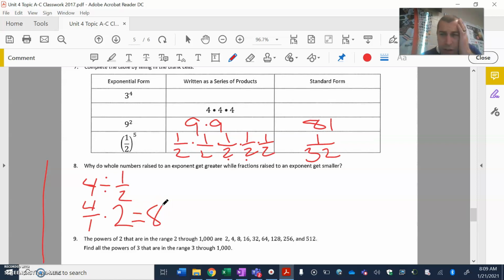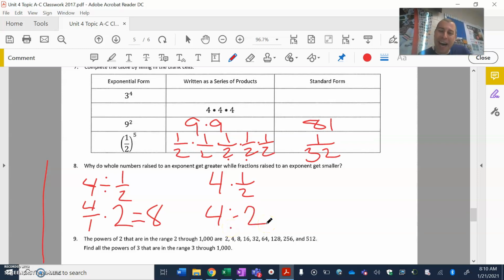But we're not dividing with the fraction. We're multiplying with a fraction. So if we're doing 4 times 1/2, remember what's really going on here is it's a division problem. So I'm going to take it the other direction here. That's really 4 divided by 2.